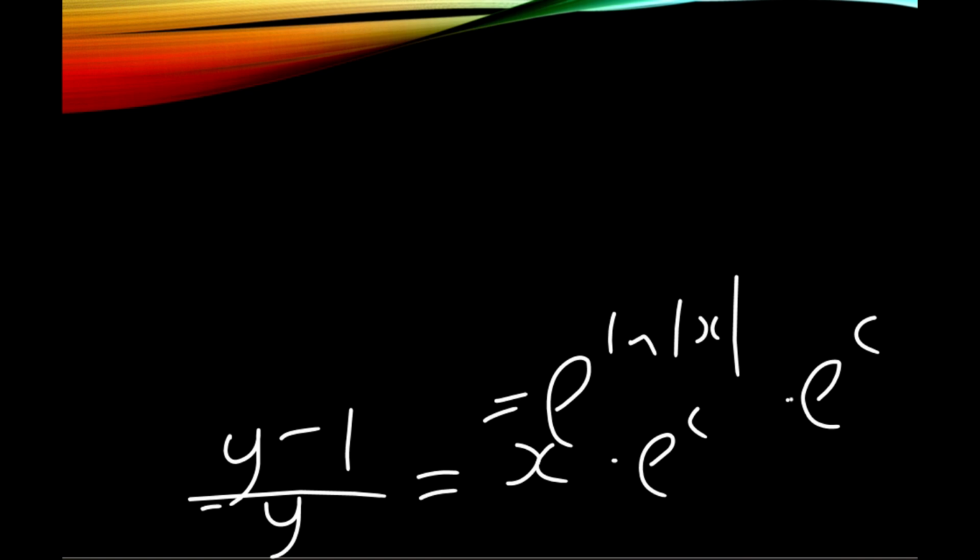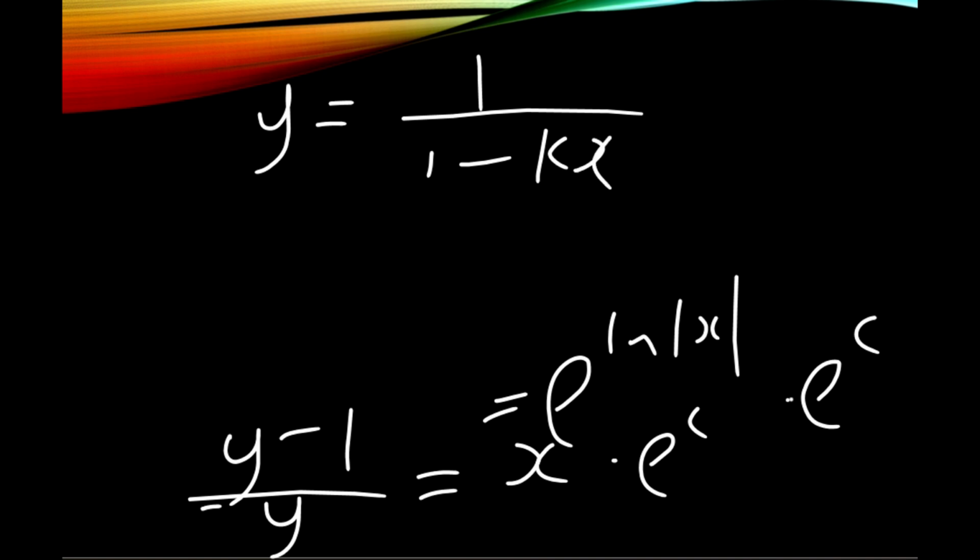So finally y is equal to 1 over 1 minus kx. So this is our final answer.